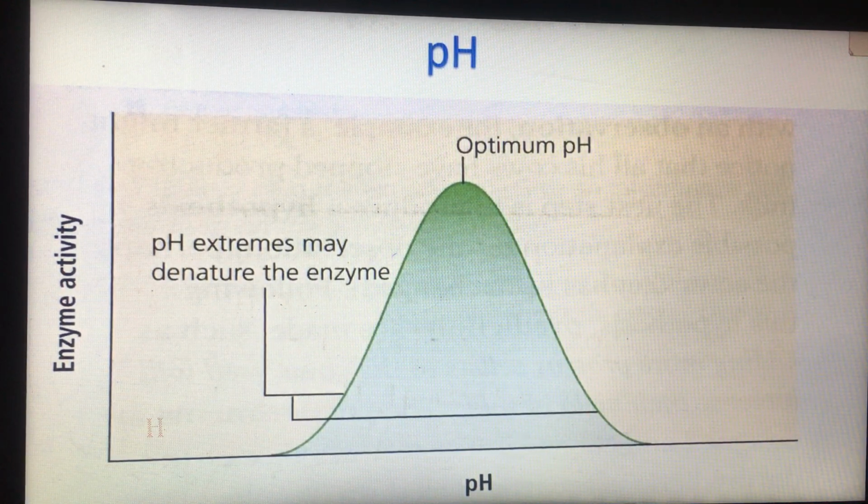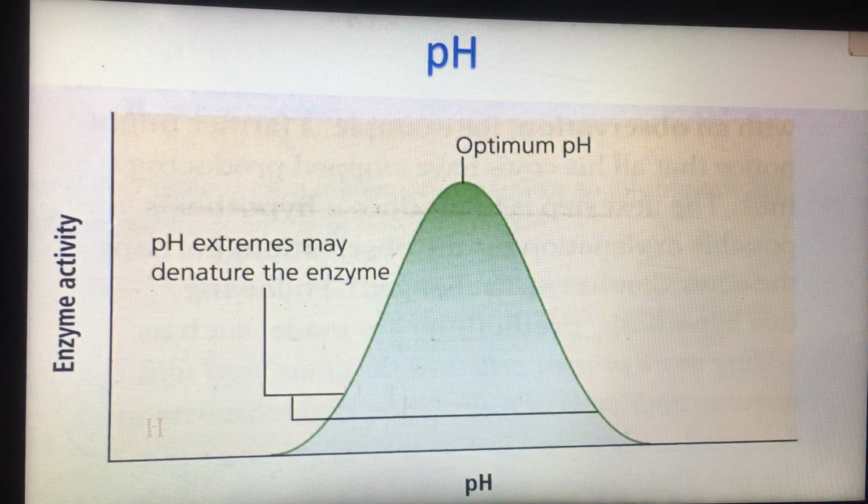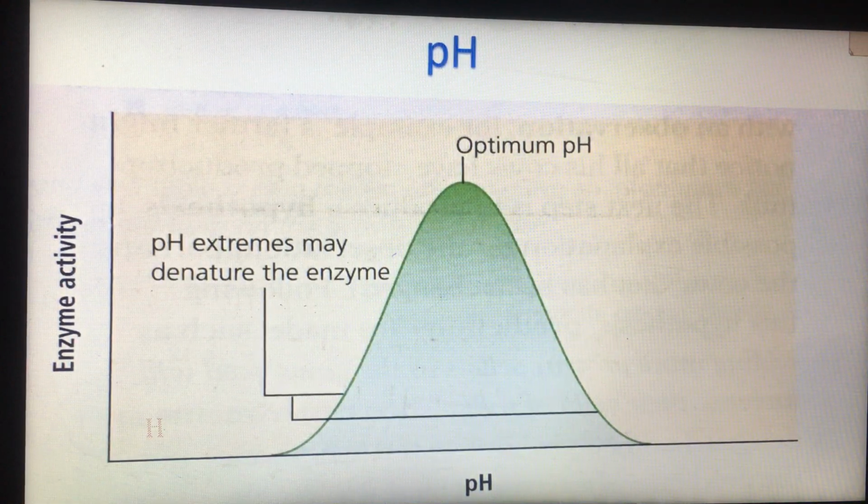Just as each enzyme has an optimum temperature, it also has its own optimum pH.